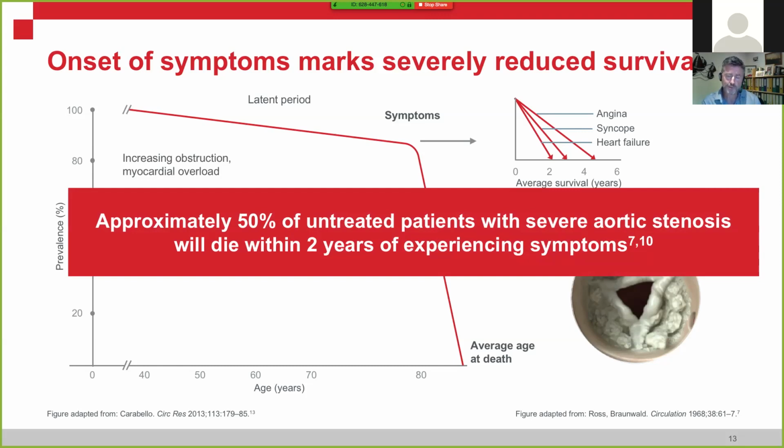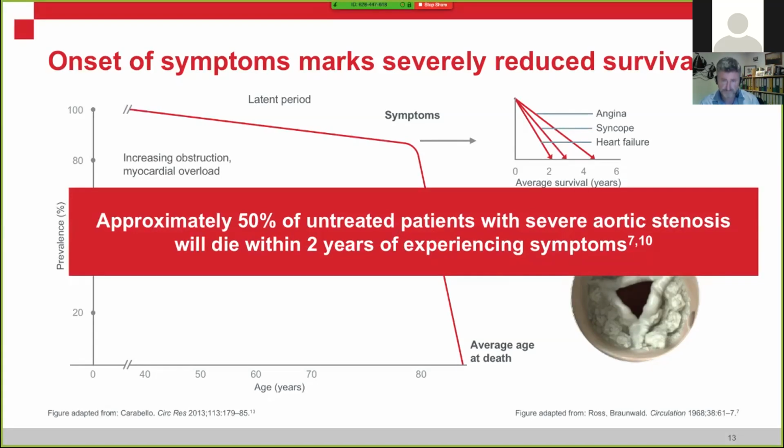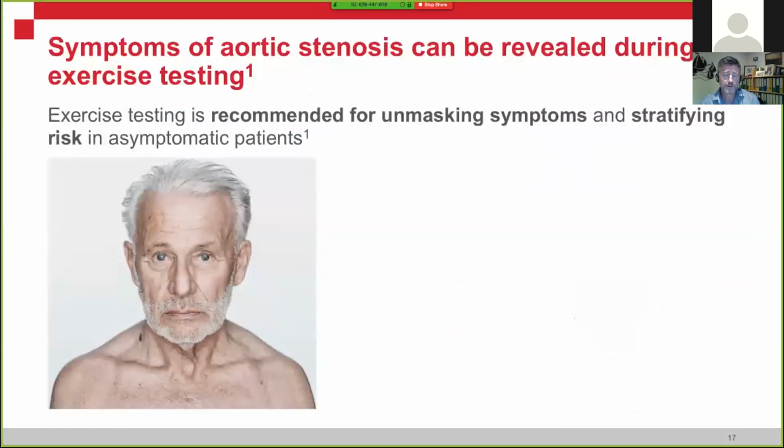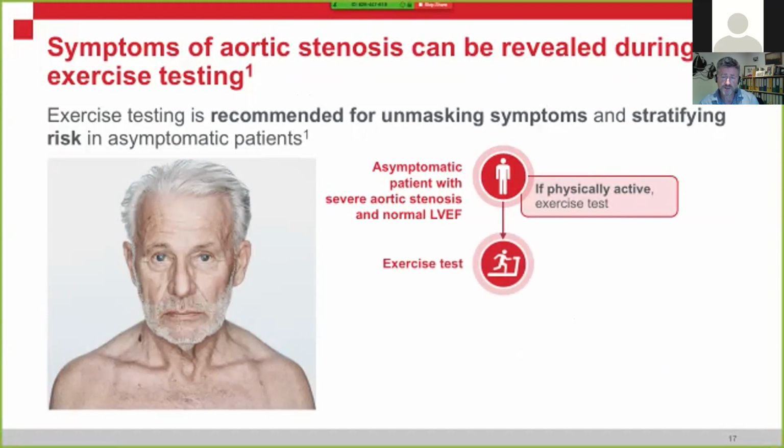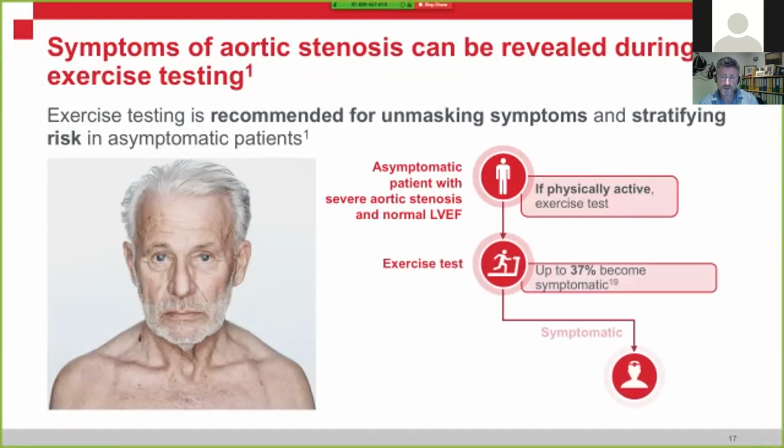And we know that patients can be relatively asymptomatic for a long period of time. For patients who we think are asymptomatic, there's always the potential of thinking about a stress test to see if you can unmask those patients who are not truly asymptomatic.